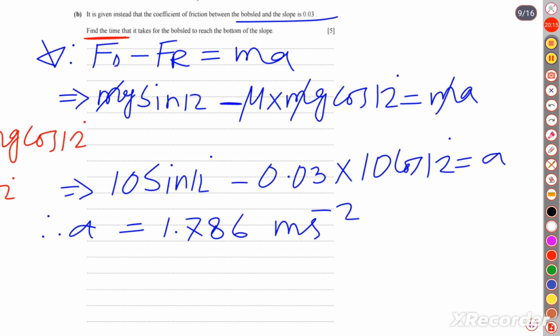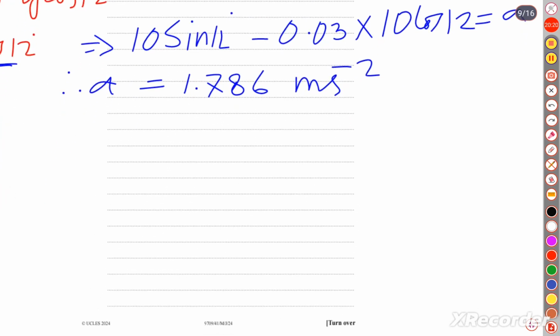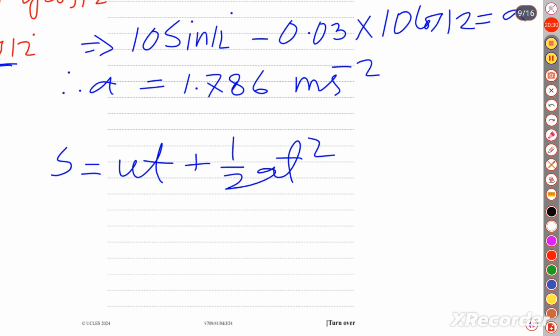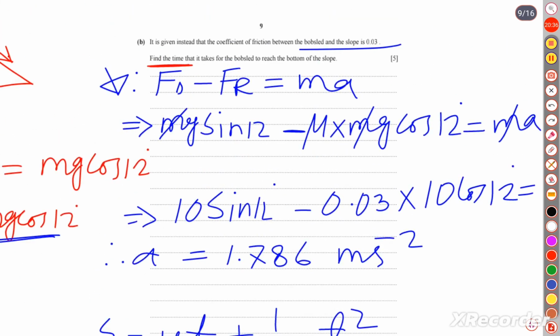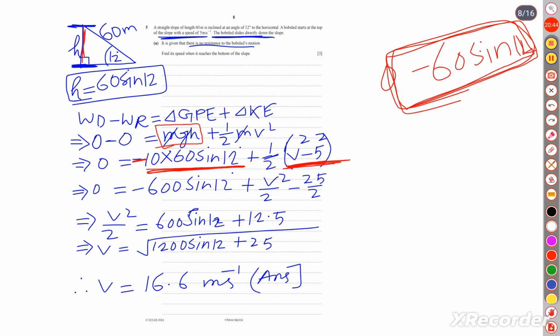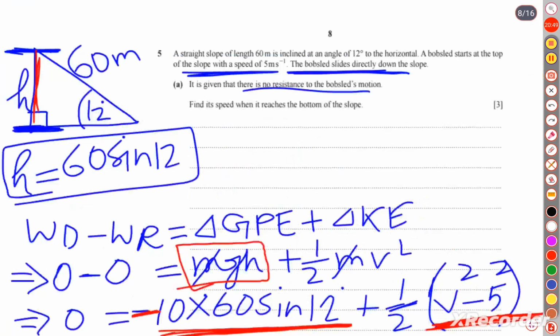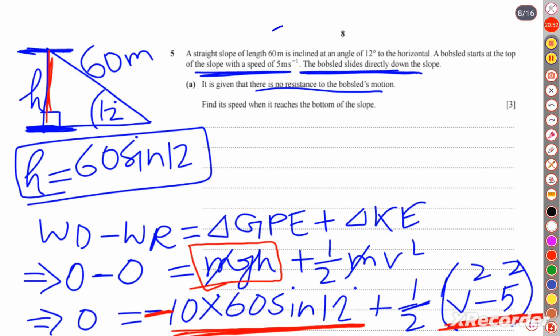Now we can easily apply the suvat formula. So what is our formula? S equals ut plus half a t squared. S is the displacement, meaning the length of the plane. The length of the plane is given in the previous question, page number 8: the length of the slope was 60 meters.